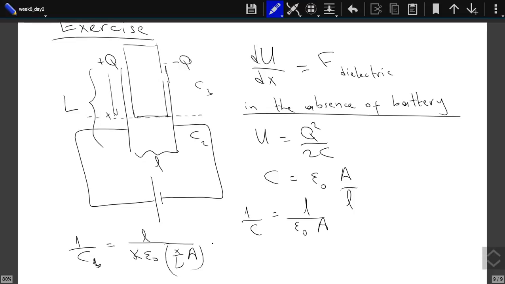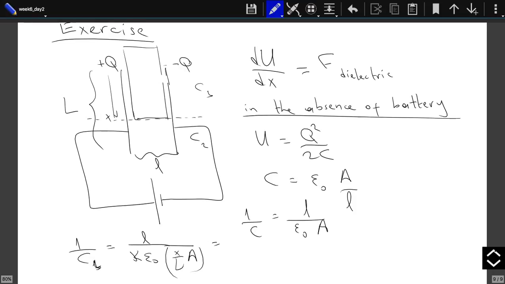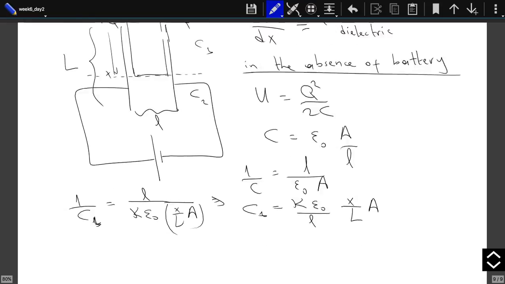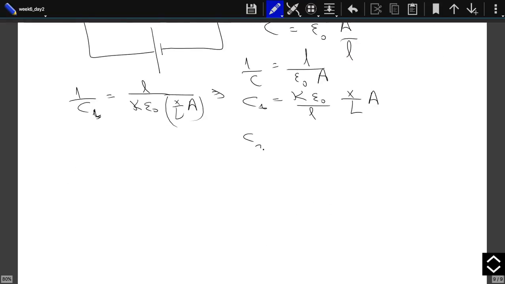So C1 is equal to kappa epsilon 0 over L times x over the capital L times A, and similarly C2 is just epsilon 0 over L times 1 minus x over L, the remaining area, now without the kappa.